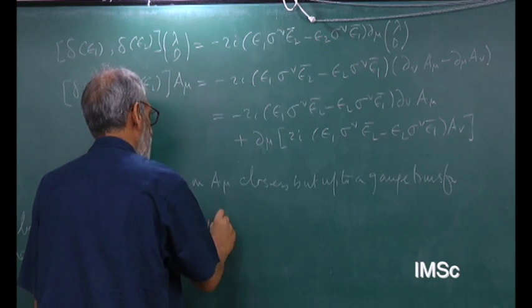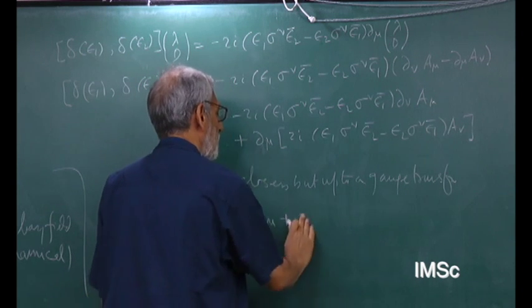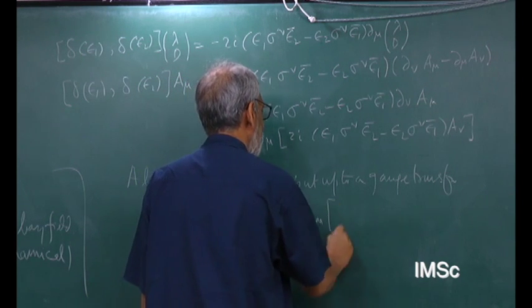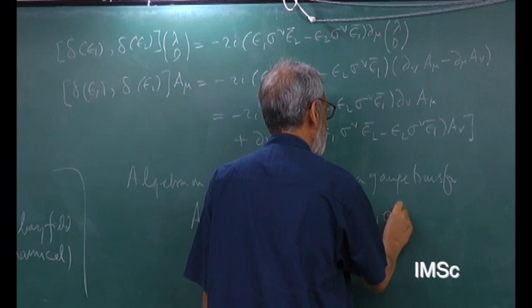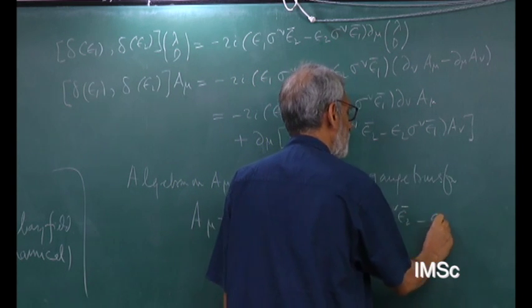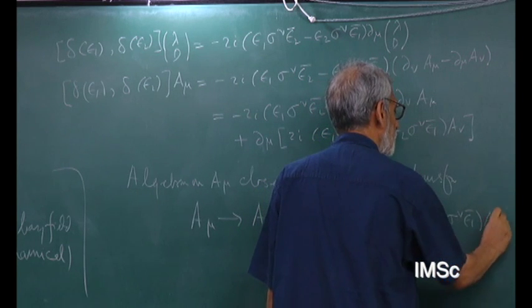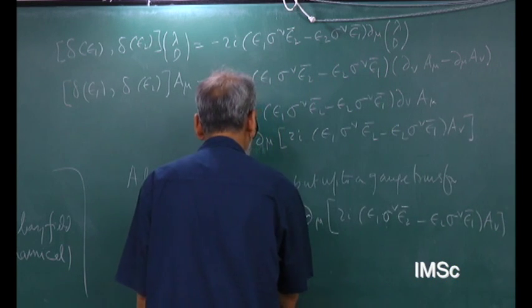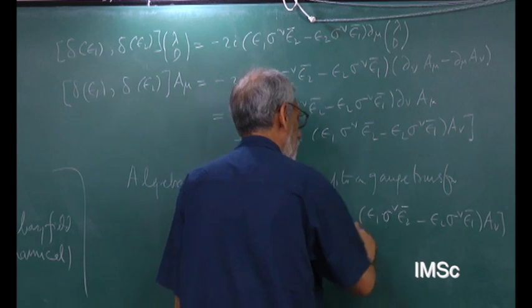A gauge transformation on A mu. I could write it as, call this whole thing xi.